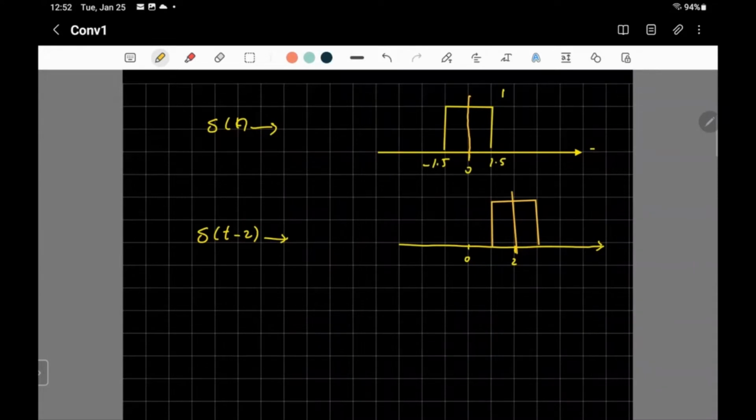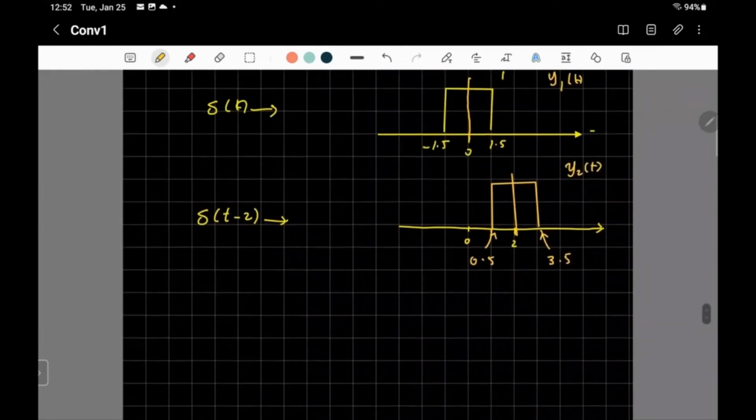So that's 2. If you subtract 1.5 from 2, what do you get? 0.5, right? That's exactly right. And you add 1.5, so you get 3.5. So that's y1 and that's y2.